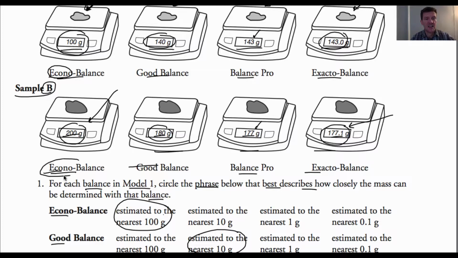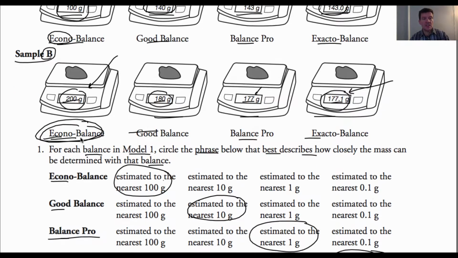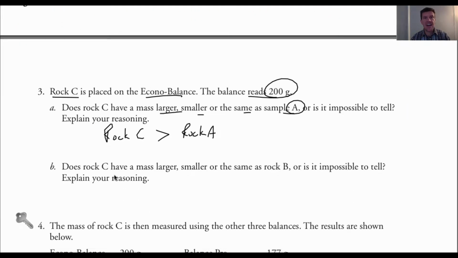But if you measure rock C at 200 and rock B also came in at 200 on the econobalance, you don't know which one is the heavier one. You don't know if it's rounding off to 200 and it really is 183.6, or it's rounding off to 200 and it's really 201.5. So it's not precise enough to determine which one is larger. In this case, it is impossible to determine.